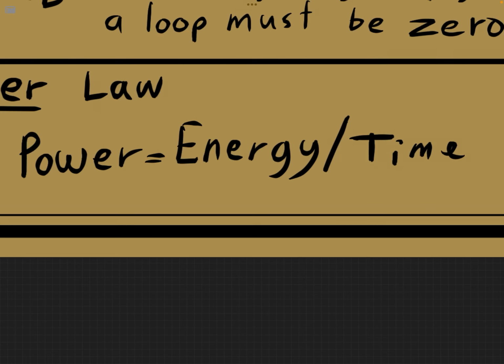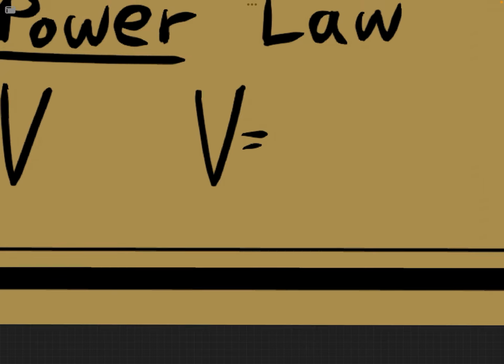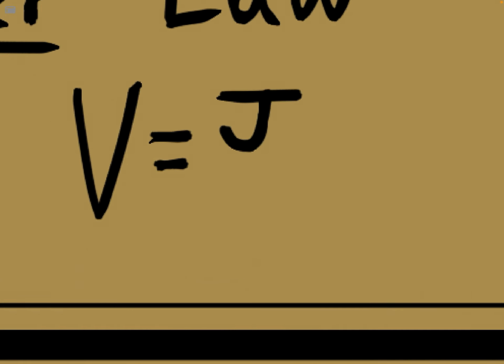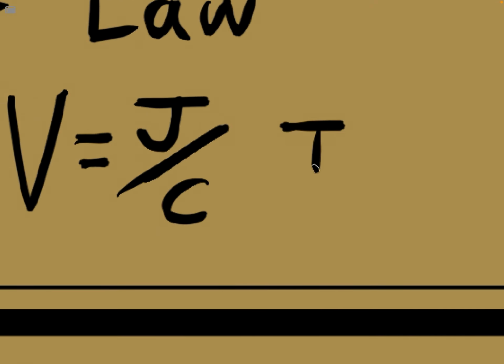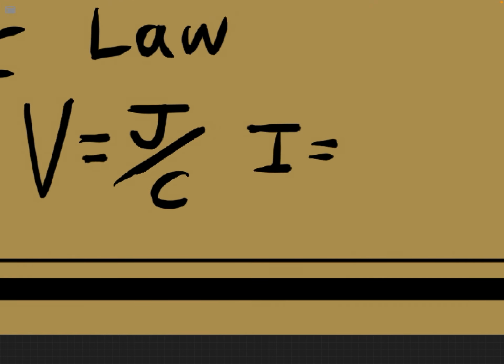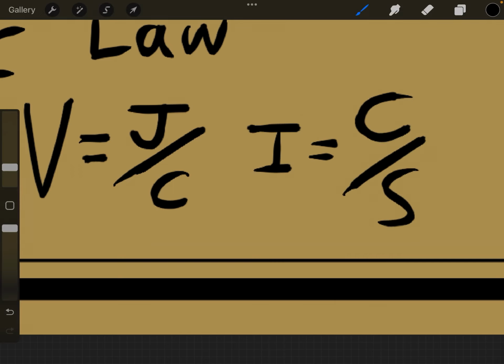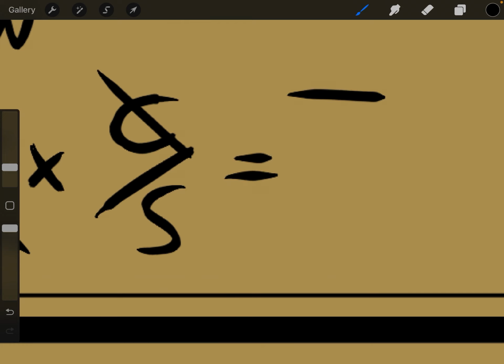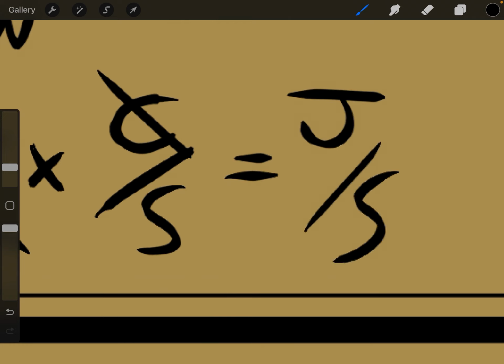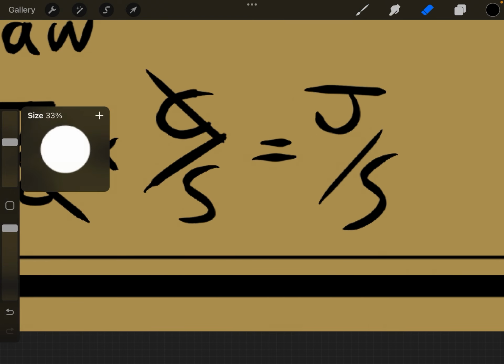So if you take voltage, where voltage is the number of joules that a single coulomb of charge uses going from point A to point B, and you take current, which is equal to the number of coulombs passing through any point per second, and you multiply these two units, joules per coulomb and coulombs per second, then the coulombs cancel out and you're left with joules per second, or how much energy is being used over time.